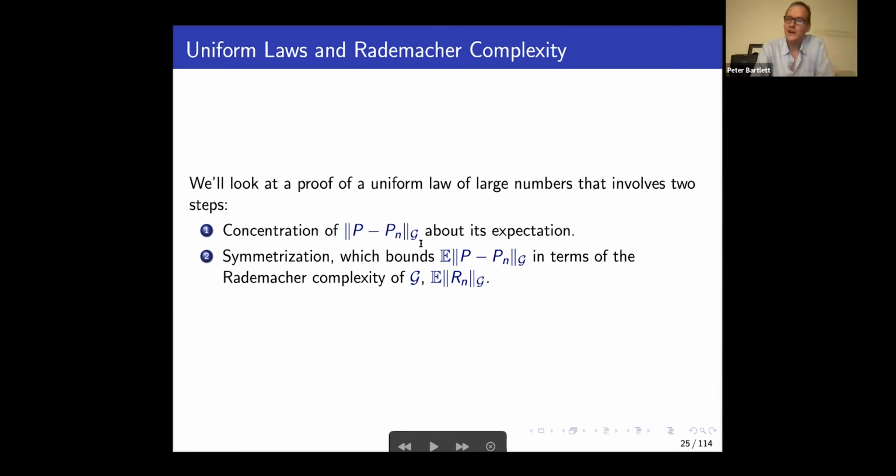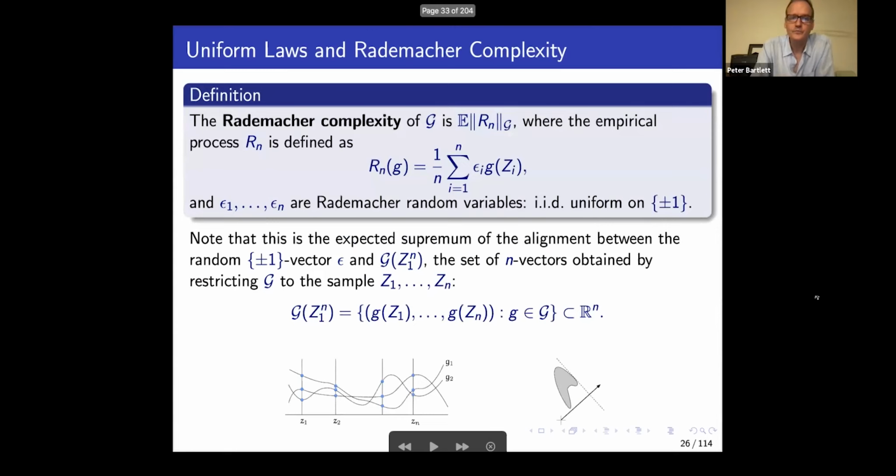So all we need to worry about is the expectation of this random variable. And then the other part of the argument is a symmetrization step that says we can relate this expectation to something called the Rademacher complexity of the function class, and actually related in both directions. So if you're interested in deviations between expectations and sample averages, in these maximal deviations, the Rademacher complexity is in some sense the right quantity.